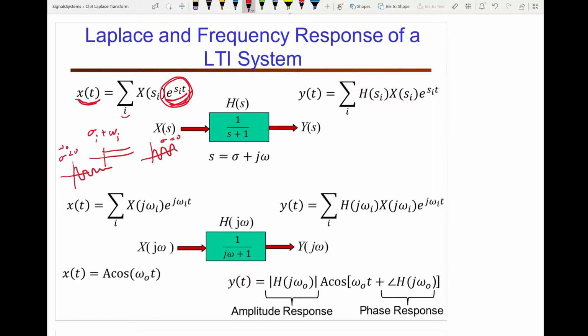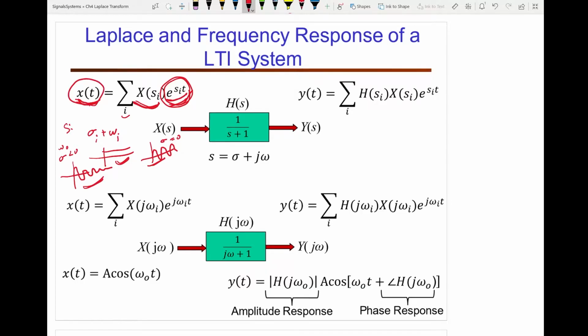So in the Laplace domain, you can represent a signal by a combination of all these components. Each component here will have a specific value Si and a specific strength, X of Si. And that strength is the Laplace transform of this signal, x of t.